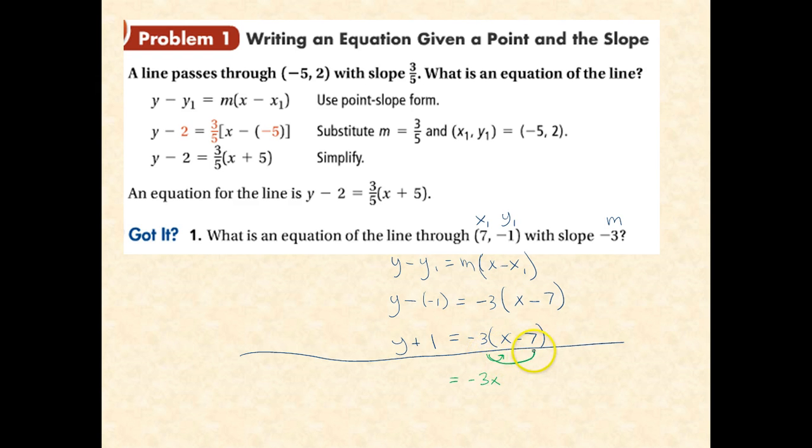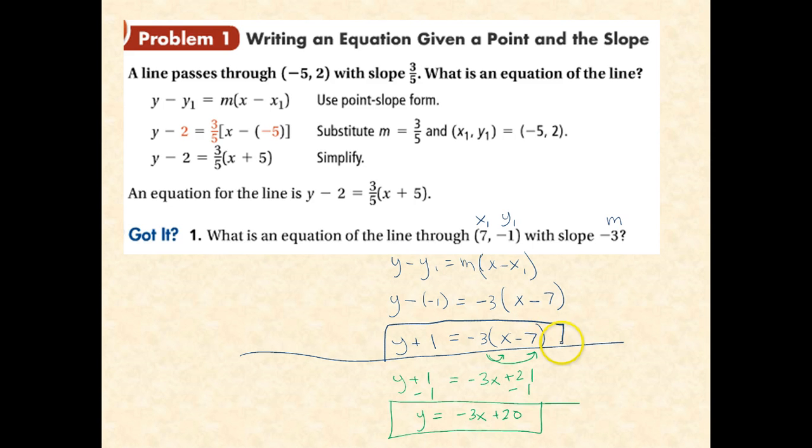Negative 3 times negative 7 is plus 21. Then if I subtract 1 from both sides, I get y equals negative 3x plus 20. So for this same line, now I got 2 different equations for that line. One in slope-intercept form and one in point-slope form.